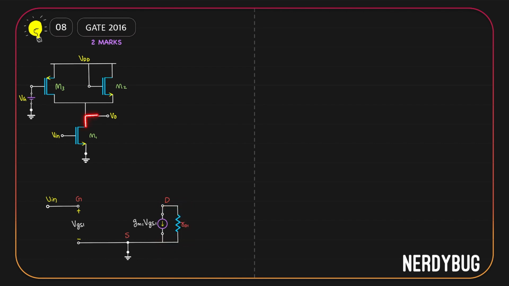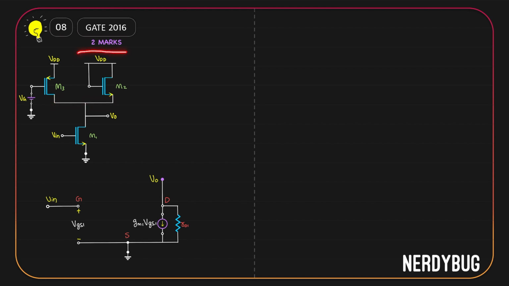Output is taken at the drain, so let us also show that. Now VDD is given together to M2 and M3. Let us show it separately like this. So it is such that at the drain of MOSFET 1, we have MOSFET 2 and MOSFET 3.